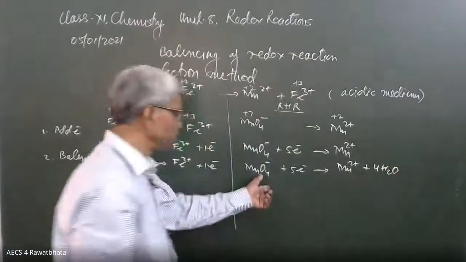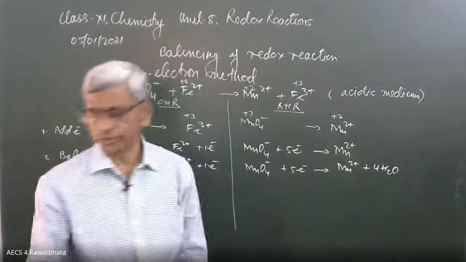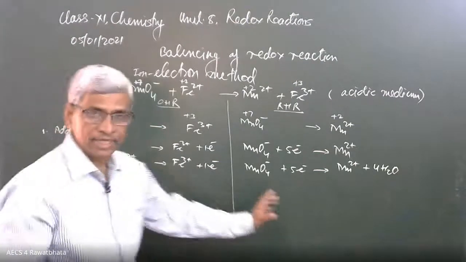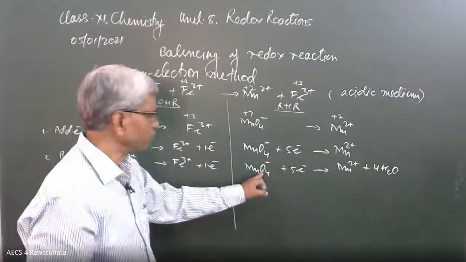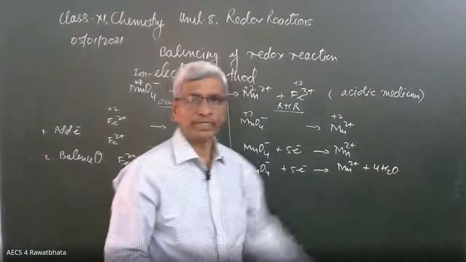Why 4H2O? Oxygen 4 on this side, so 4 oxygen needed. Okay, beta, is it clear? 4 oxygen and this side 4 oxygen. By adding 4H2O, we can do it.